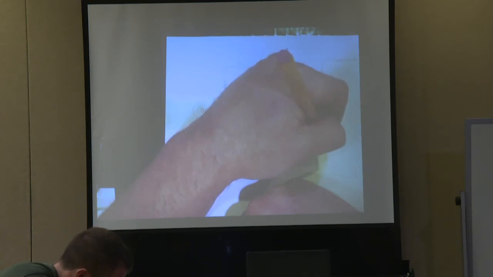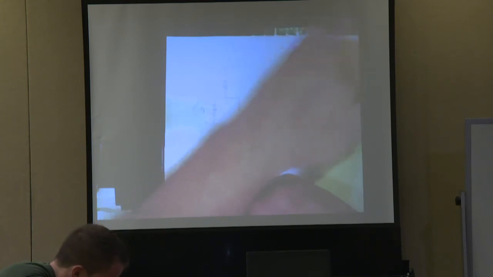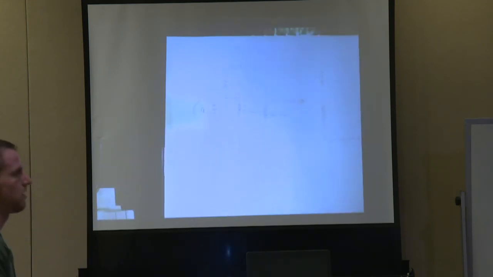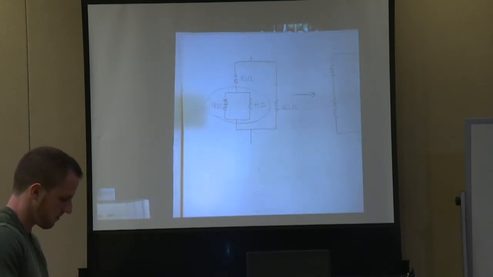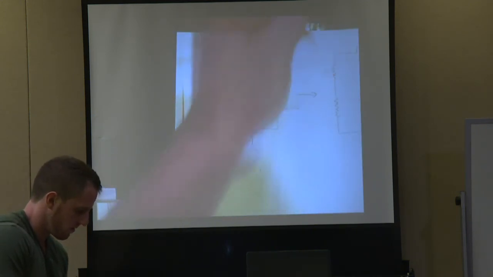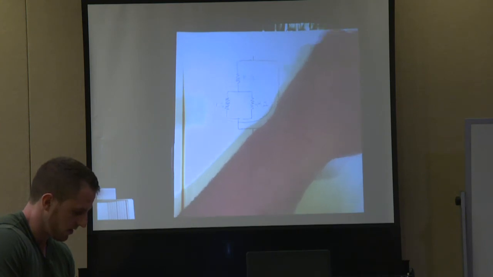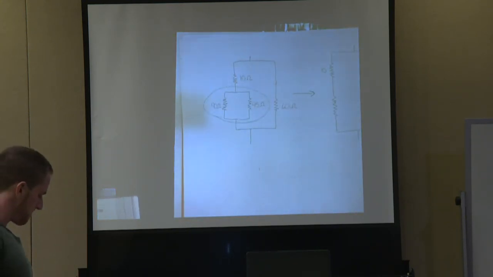We're going to combine them into one. We've got our 10, 60, and then how do we add resistors in parallel?